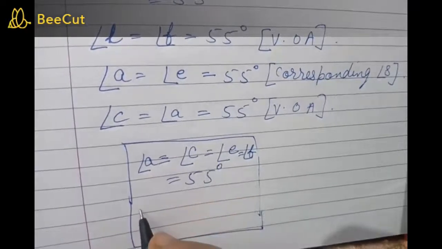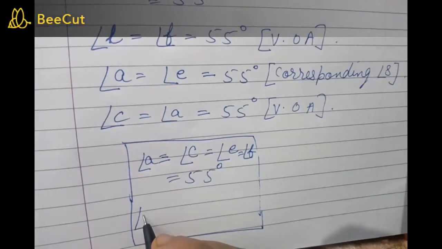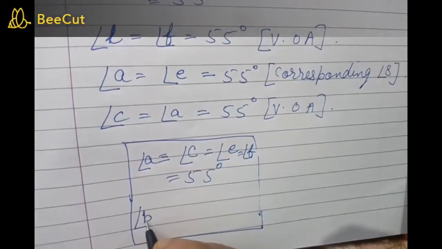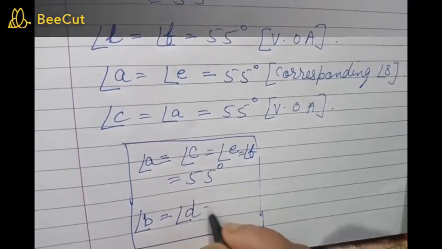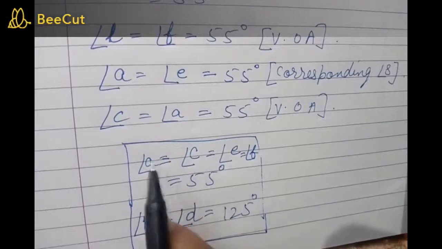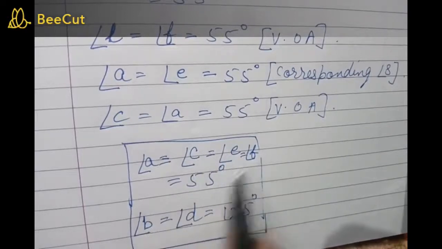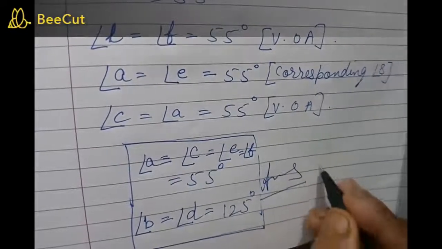And angles B and D are equal to 125 degree. So A, B, C, D, E, F, all the angles we have found out. This is the answer.